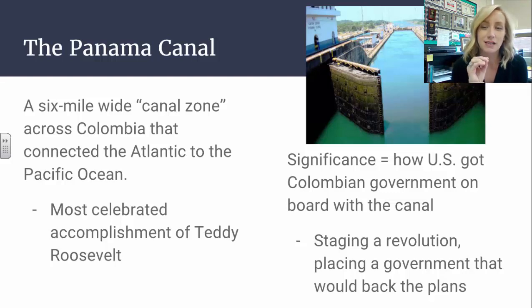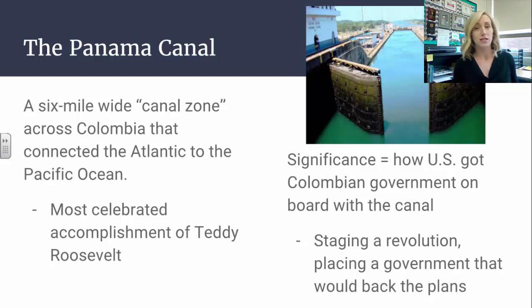The significance here should sound familiar: how the United States got the Colombian government on board with building the canal essentially through the center of its country. And that we staged a revolution. There was a lot of domestic turmoil happening that very much threatened if we were going to be able to do this, and it was already a government that didn't want the Panama Canal as controlled by the United States.